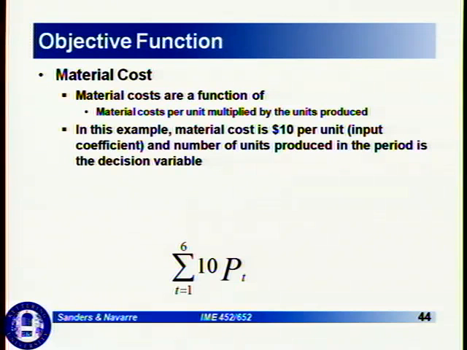In this example, the aggregate unit of material cost is $10 per unit for the gardening tool. That is an input coefficient, and the number of units produced in the period is the decision variable. So here is our production that will be determined for every period, and here is the unit variable cost of material, $10 per unit produced.